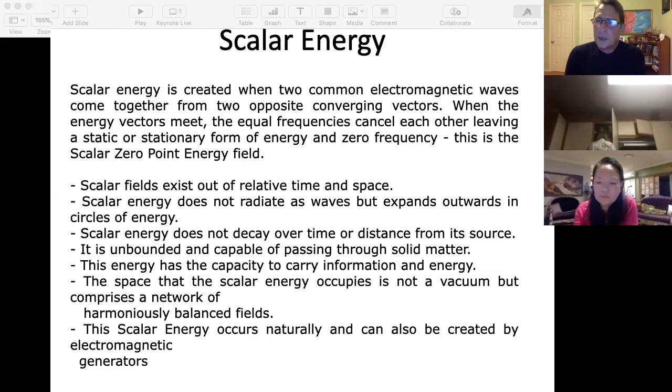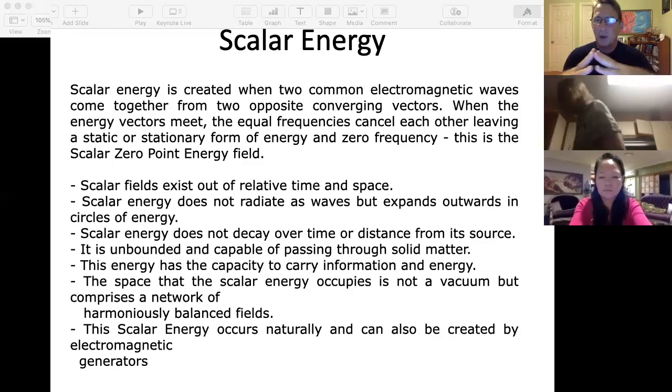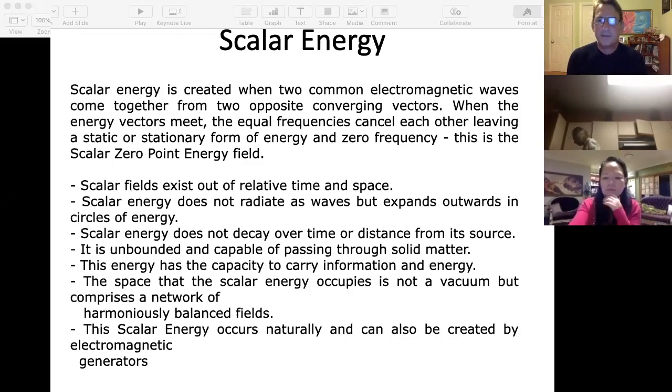Okay, so it's also unlike electromagnetic energy, where it travels through space and hits different obstacles and then gets blocked. Scalar waves go through all matter. They cannot be stopped. And so it doesn't matter where you are, you will always get access through these particular scalar fields that are being generated.